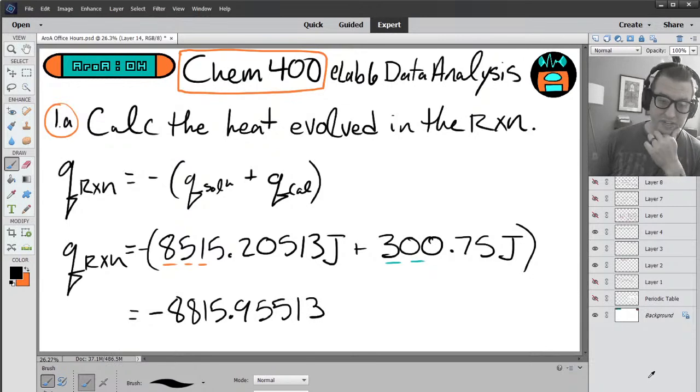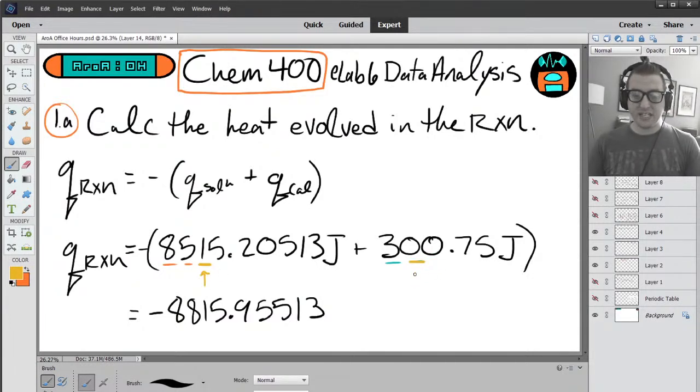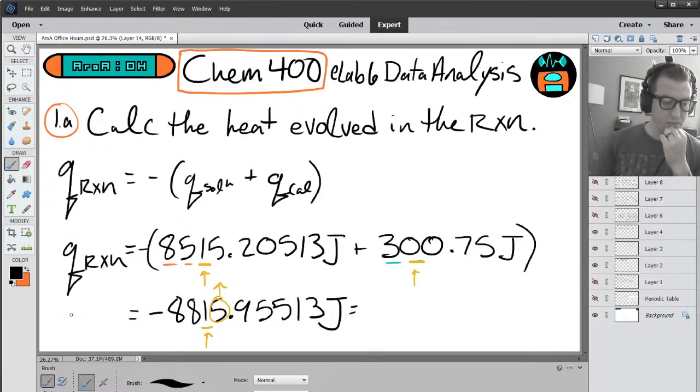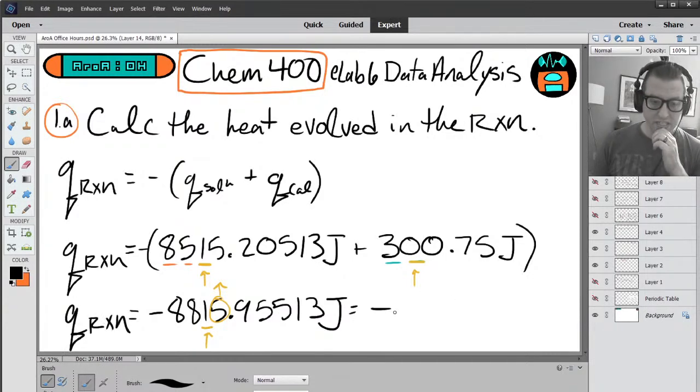Looking at your significant figures, we have to look at the last significant digit in each number, which they both have their last significant digit in the tens place. So we must round our answer to the tens place because this is the end, so this is where we round. 5 is going to round up. So this will give us the heat released by this reaction is equal to negative 8,820 joules.